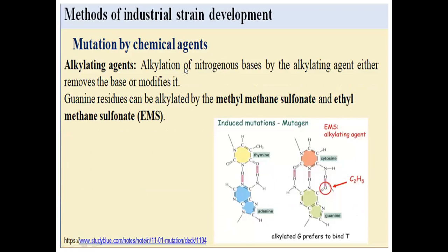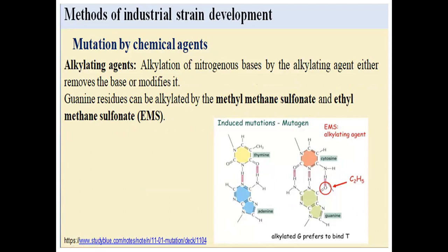Another method of inducing mutations is by chemical agents. The most widely used chemical agents are methyl methane sulfonate or ethyl methane sulfonate. So what happens is they almost replace.